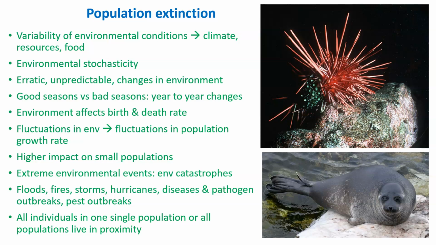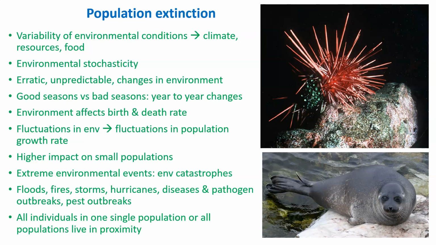Now, fluctuations in environmental conditions also impact fluctuations in population growth rates. And we mentioned earlier, if these fluctuations are dramatic, that will also increase the chance of extinction for that particular species. By the way, the negative impacts of dramatic fluctuations are also greater in small populations.